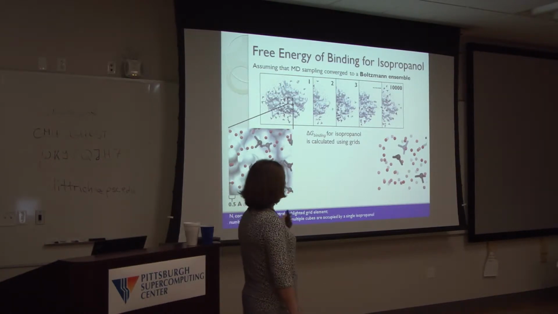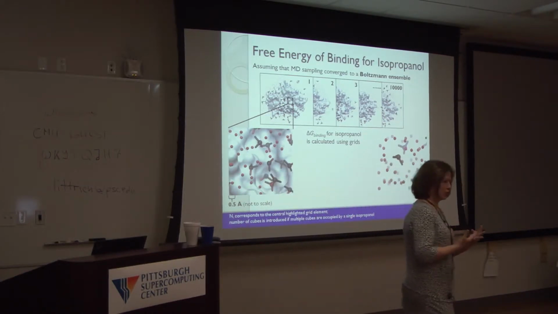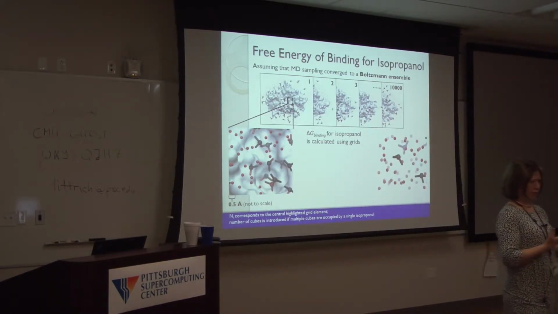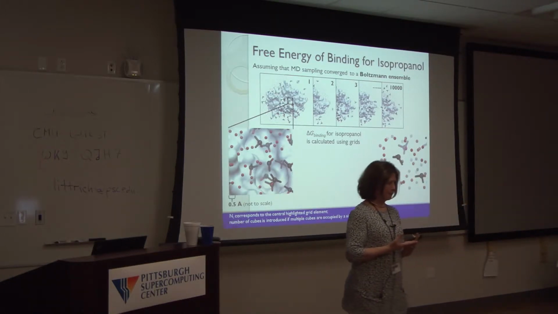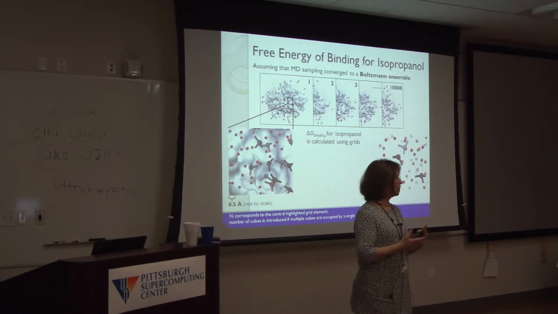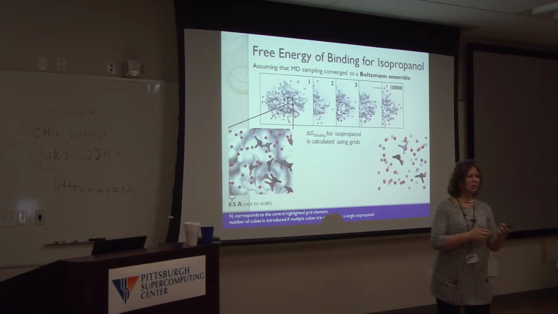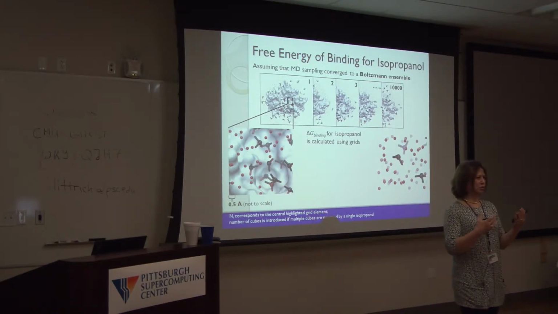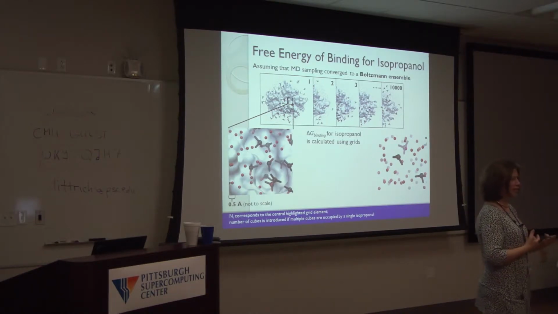And then the idea is the following. We look at what is called enrichment. What is enrichment of a given molecule at a given location? So a given location is very rich in that molecule, okay? So the idea is to have a metric to assign some kind of binding affinity estimate.